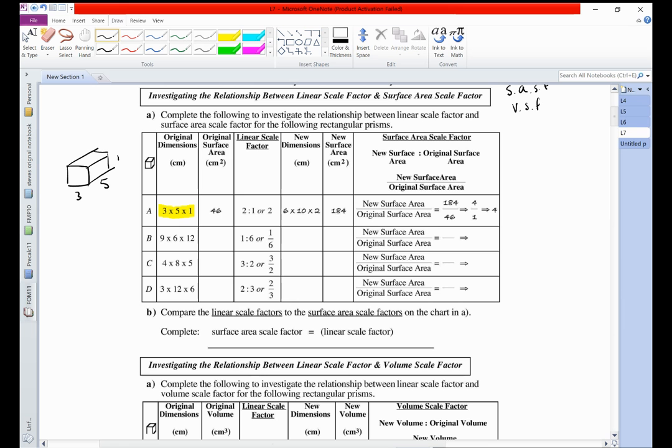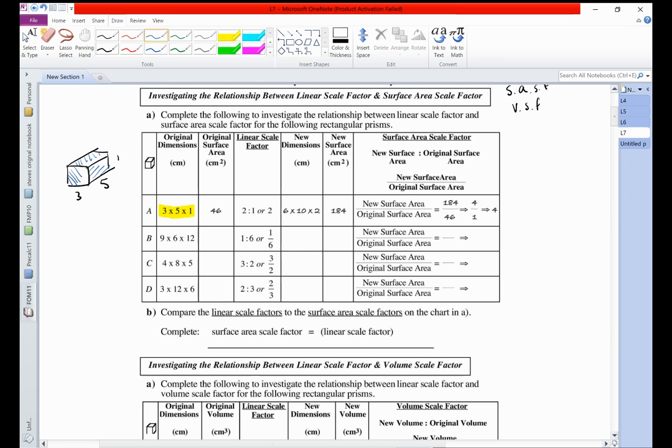Surface area is a really, really annoying formula, and I'm not going to ask you to calculate it very often, so I'm going to move through this first chart pretty quickly. As a reminder, the surface area is all of the areas of this three-dimensional shape. We want to calculate the area of this, the area of that, the area of this, and then the three sides that we can't see on the back.